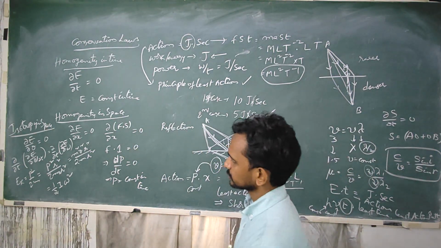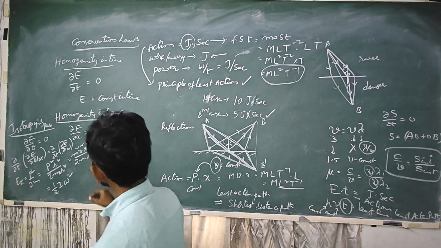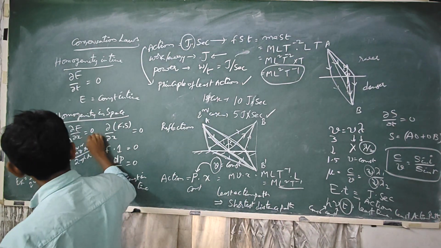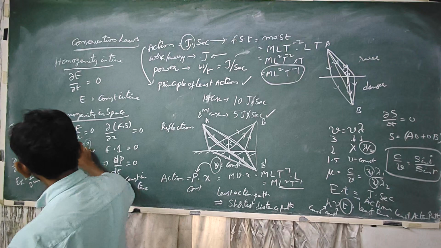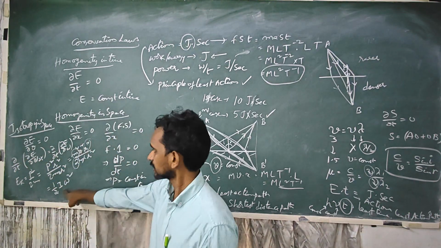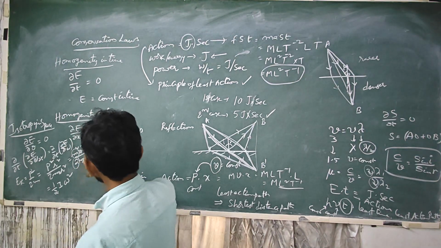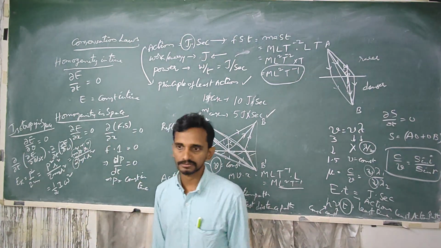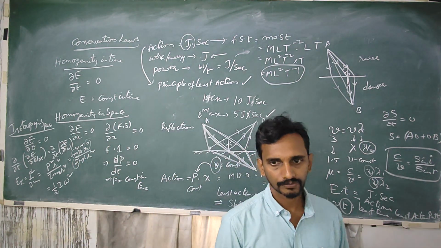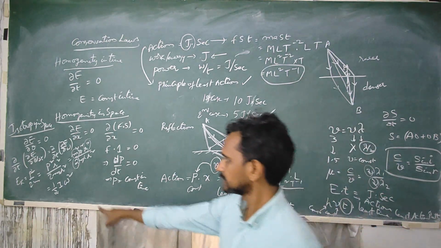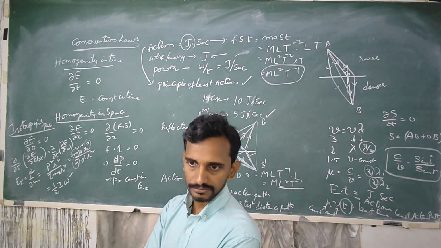I is m r square, so m cancels. Half m r square I write as half I. What remains is v square by r square. Omega is v by r. So in total it is half I omega square.